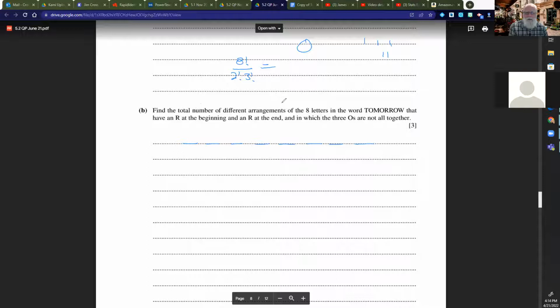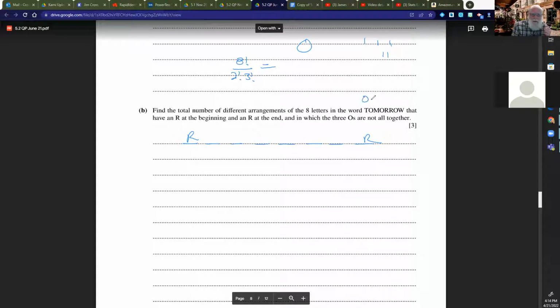Find the total different arrangements where there's an R at the beginning and an R at the end, but the O's are not together. How many O's are there? 3.